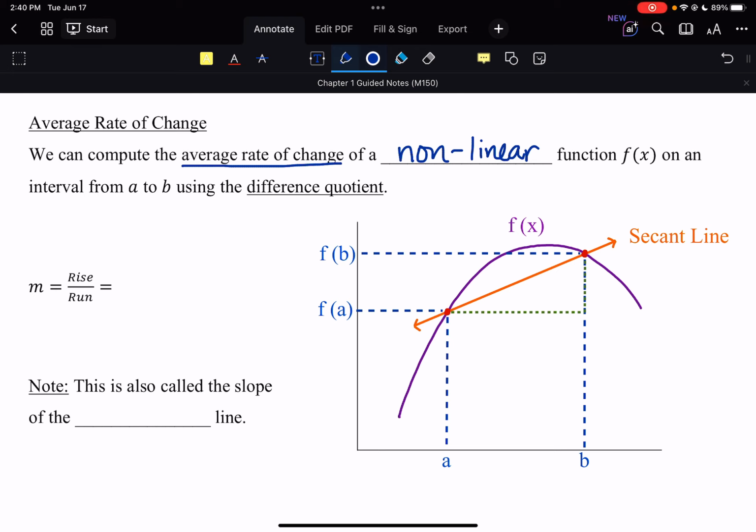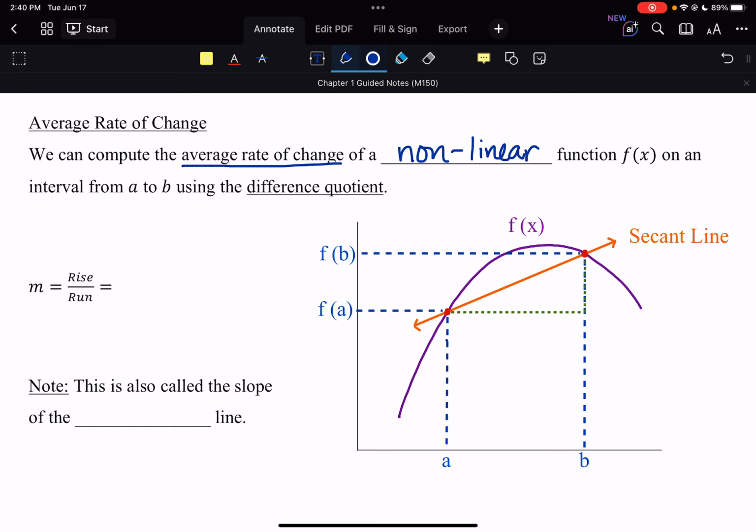So we have a function f of x, and we're going from a to b. We know that at the value a, we plug it into the function, we get out f of a. At the value b, you plug that into the function, you get out f of b. We don't know what specific numbers these are because this is all very arbitrary, very general.